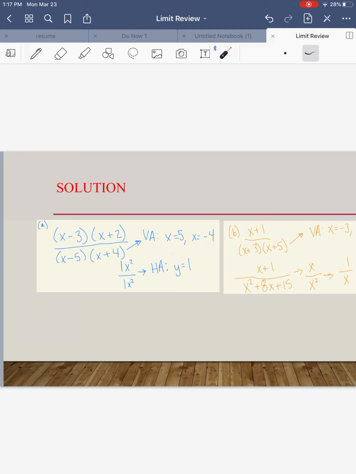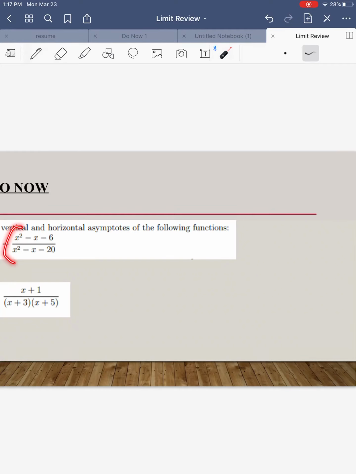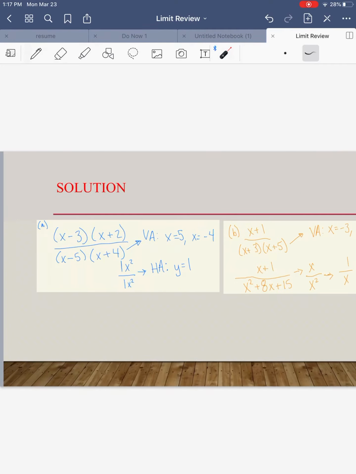And we can't divide by 0, so it gives us a vertical asymptote. And then remember, horizontal asymptotes, you take the leading coefficients and you divide them to get the horizontal asymptote. So 1x squared divided by 1x squared is equal to 1. So our horizontal asymptote is y equals 1.